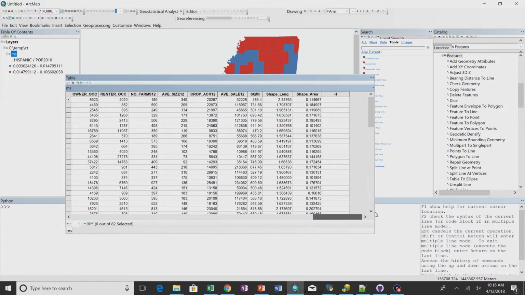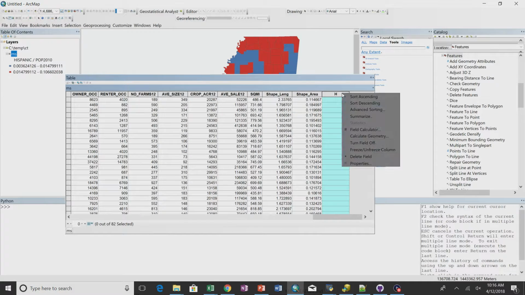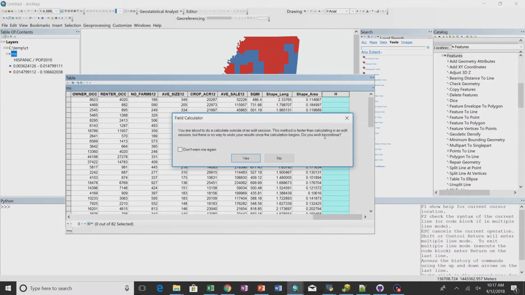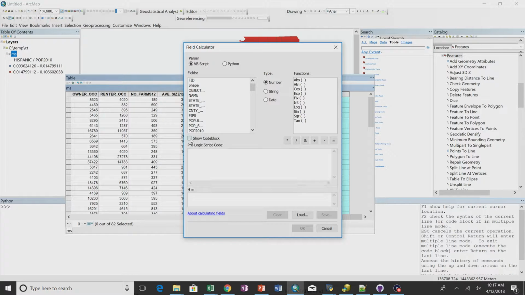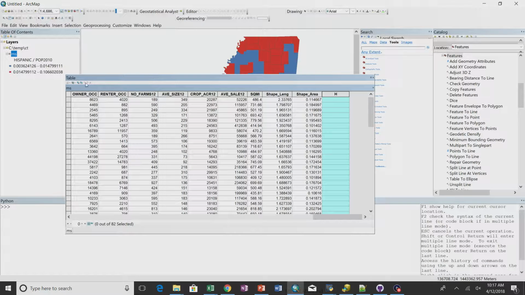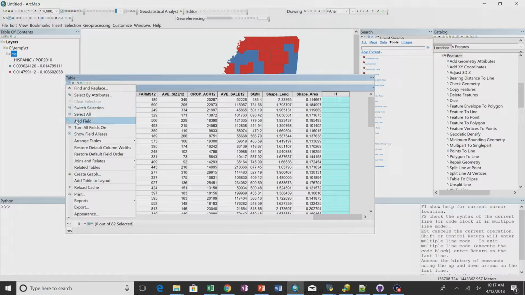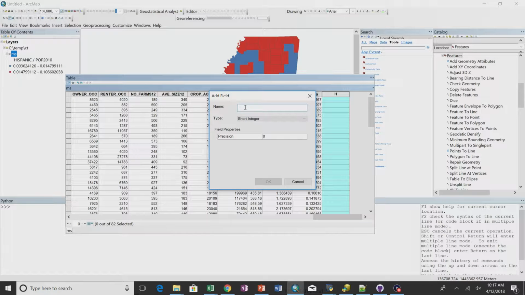Okay. Doesn't need to be a big field. So then I'm going to do a field calculator, and actually, I'll do this in two steps because it'll be faster. Field name.